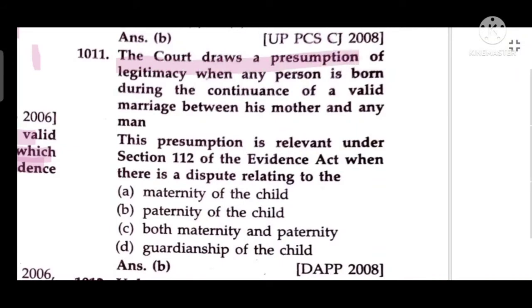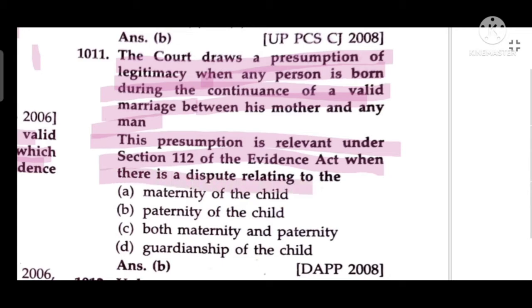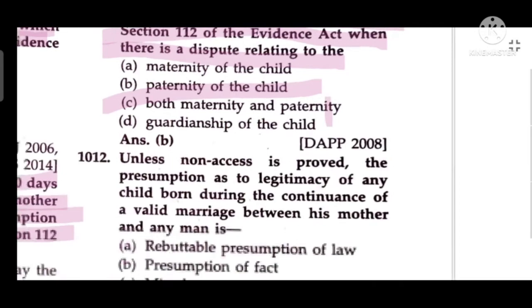The court draws a presumption of legitimacy when any person is born during the continuance of a valid marriage between his mother and any man. The presumption is relevant under Section 112 of the Indian Evidence Act when there is a dispute relating to the paternity of the child.